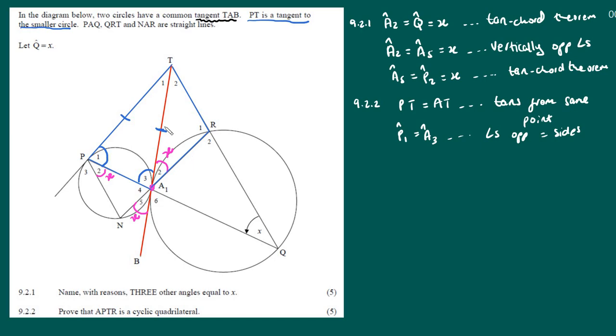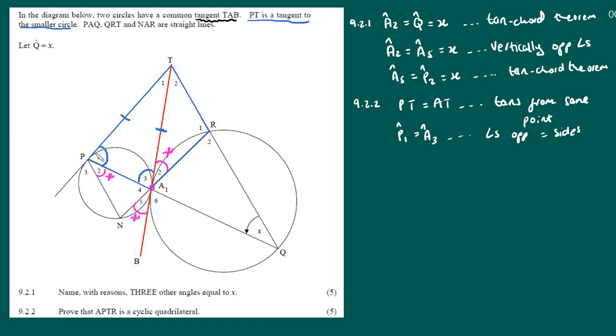For example, in this case, I need to prove that P1 is equal to R2. When you look at it, it will seem very impossible because you're looking very far. You understand me? You're looking far. This is what you must do.